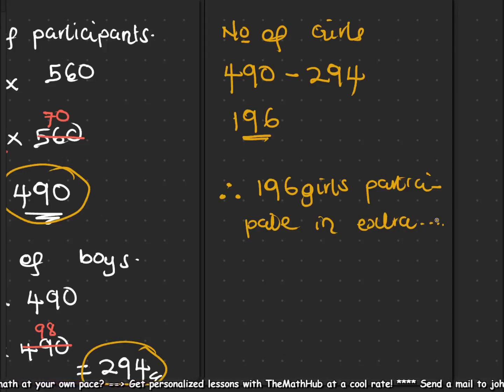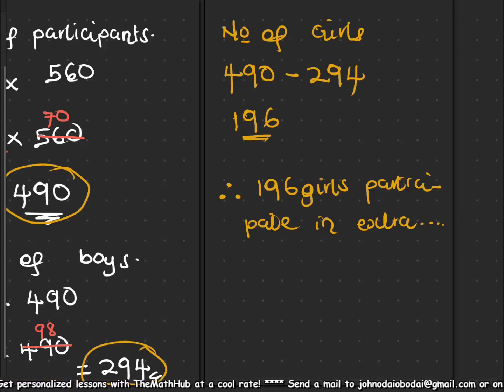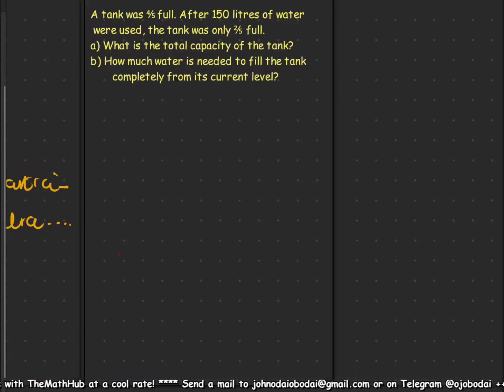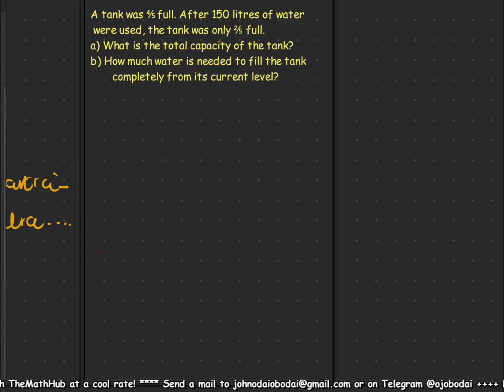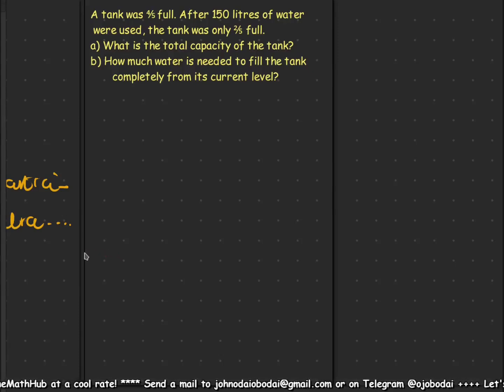So this is our second question. We'll solve one last question, after which I'll put down some questions you can try on your own, as usual. Let's look at our next question. In this last question, it says a tank was 4/5 full.